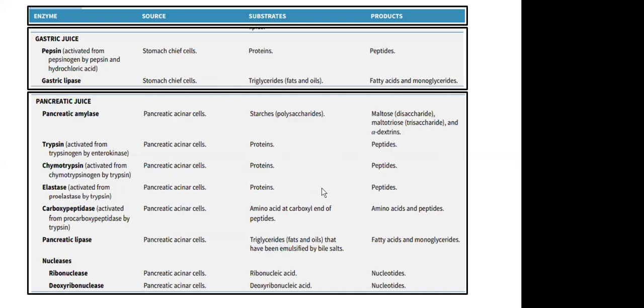We have seen these enzymes, carboxypeptidase, which will convert proteins to amino acids, and pancreatic lipase acting on triglycerides, and ribonuclease and deoxyribonuclease, which form nucleotides from RNA, that is ribonucleic acid, and deoxyribonucleic acid.